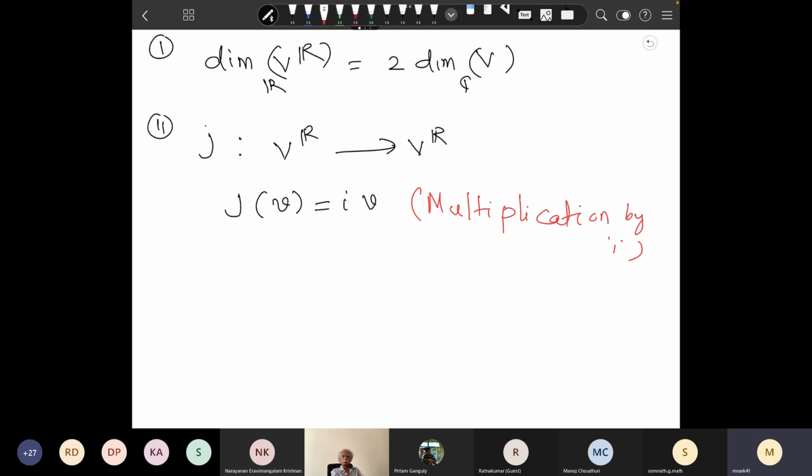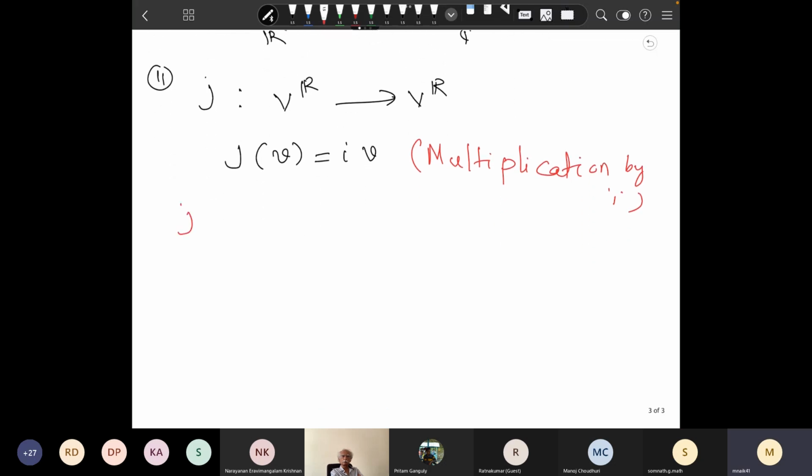One checks that J is an R-linear map, and J square is equal to minus identity.